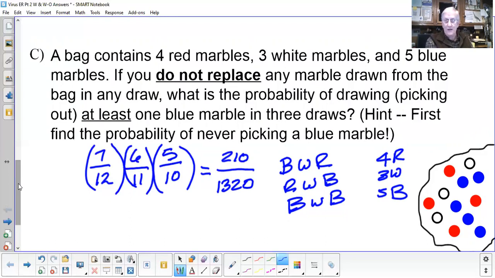It's the opposite of what I've shown here. So it is 1 minus 210 out of 1,320.